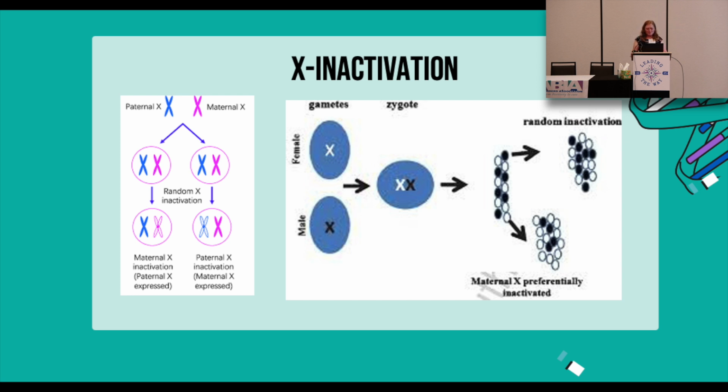This happens really early in development, and it's typically random, where in each cell it's determined that either the maternal or the paternal X is silenced in the cell. And basically the proportion of the cells that have the mutation versus the ones that don't can determine severity as well.